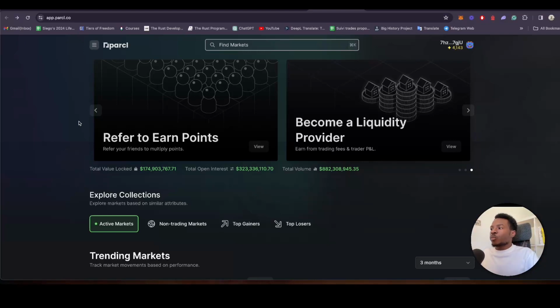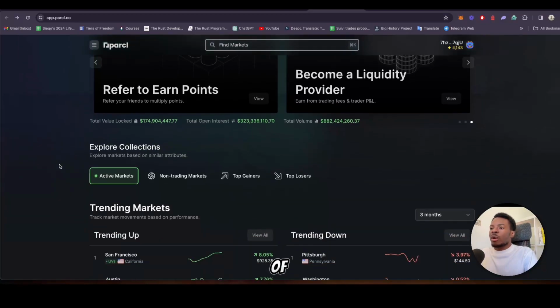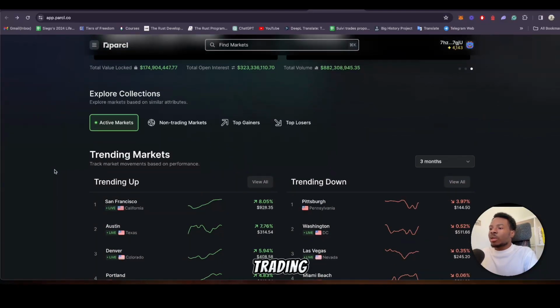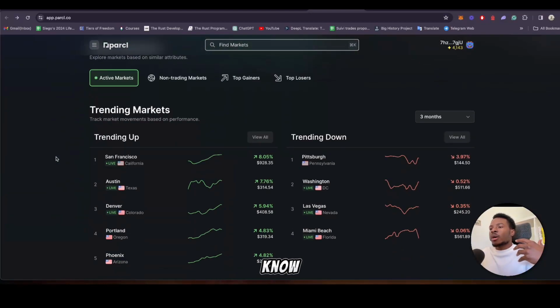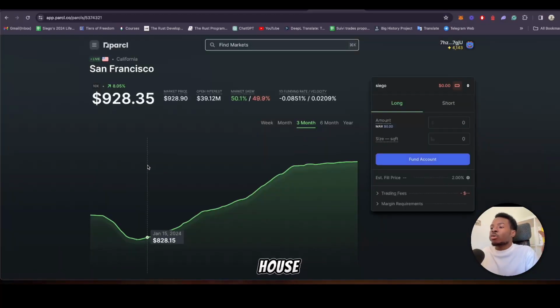A lot of the time we have speculation and trading type applications, but we never have something related to the real world. Parcl is one of those innovative use cases where, for example, you can invest in San Francisco real estate no matter where you are in the world, without actually buying any house or apartment in San Francisco itself.